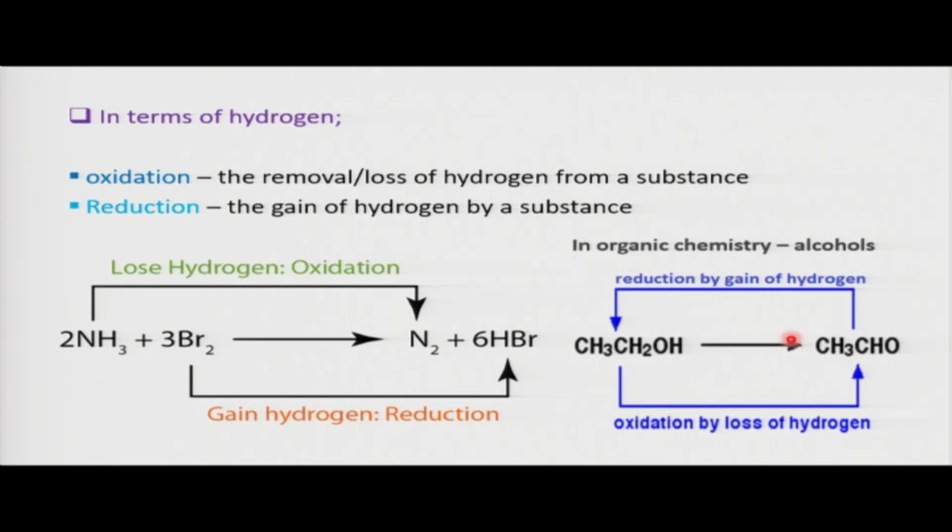Get this ethanal, add hydrogen back, you'll form the alcohol, which we call reduction. In this case, we say alcohols are oxidized to carbonyl compounds by loss of hydrogen and are reduced back to alcohols by the gain of hydrogen. So when you're defining oxidation and reduction in terms of hydrogen, it is just the reverse of the case of oxygen.